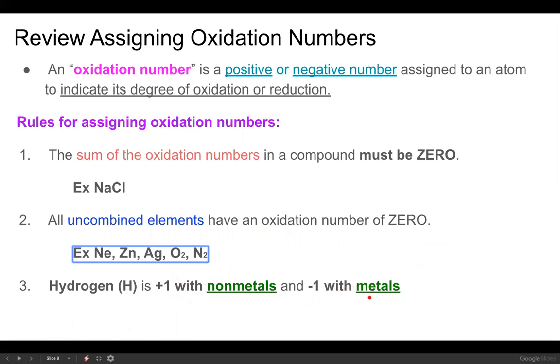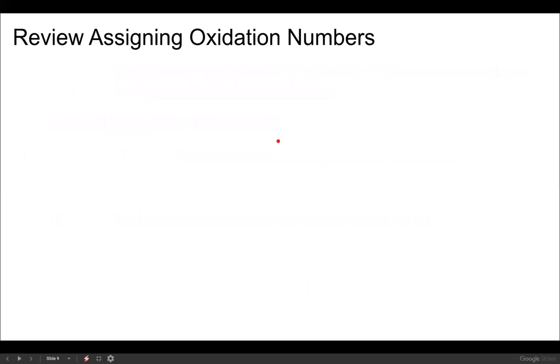And when it's combined with metals, which are usually positively charged, hydrogen will have a -1 charge. And I keep saying charge, but what's the word I should be using here? That's right, oxidation number. So, reviewing assigning oxidation numbers.